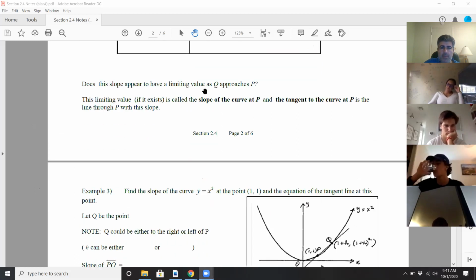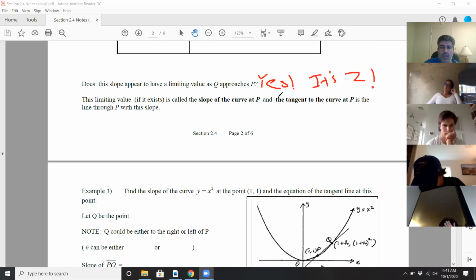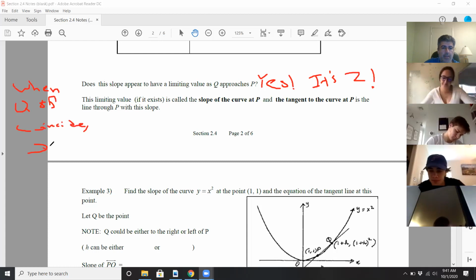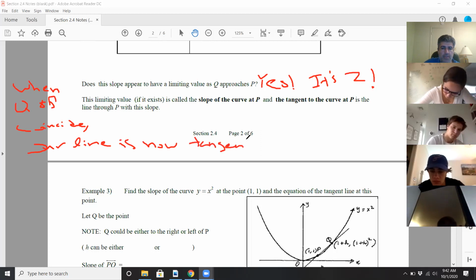So does this slope appear to have a limiting value as Q approaches P? And what happens is that when Q and P coincide, our line is now tangent to y equals x squared at 1, 1.